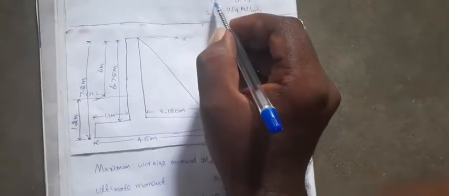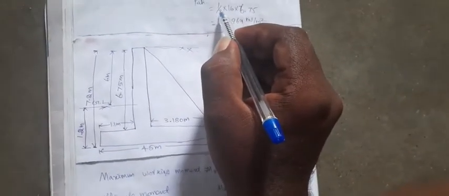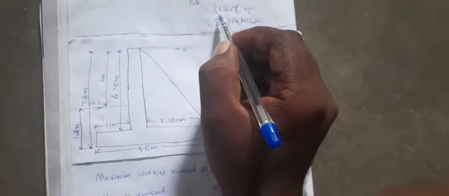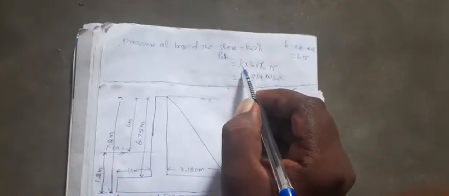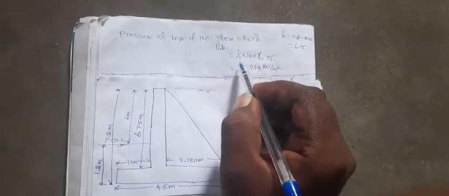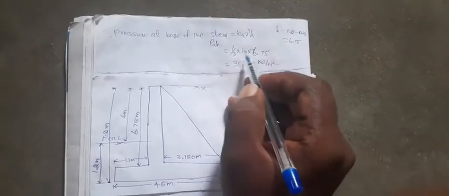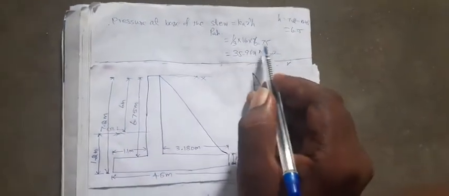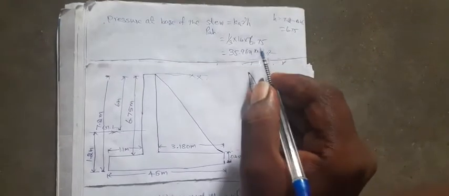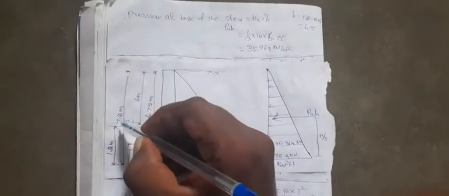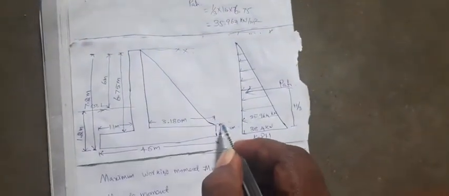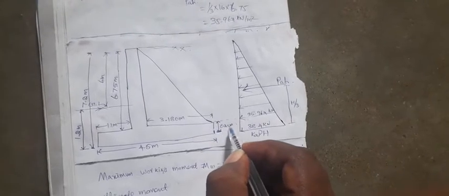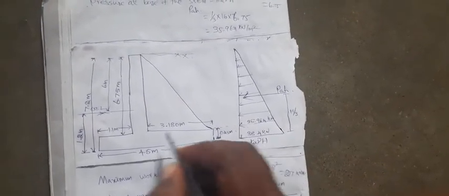Ka means 1 by 3. Already we have seen 1 minus sin phi divided by 1 plus sin phi. So its value is 1 by 3 or 0.333, into gamma. Gamma is the unit weight of soil, which is 16, and H is 6.75 meter. Why am I providing 6.75 meter? The overall height is 7.2 meter, but this time we should subtract the 0.45 meter of base width.